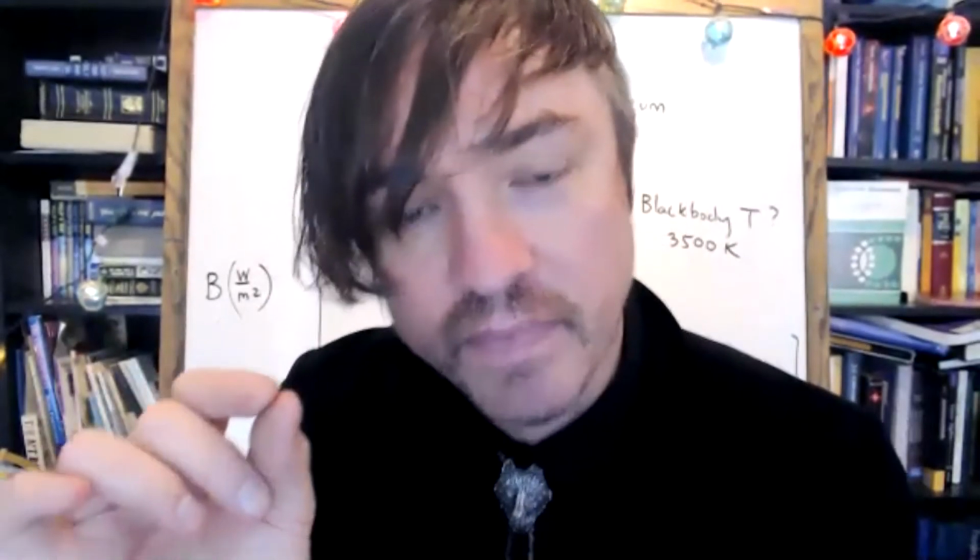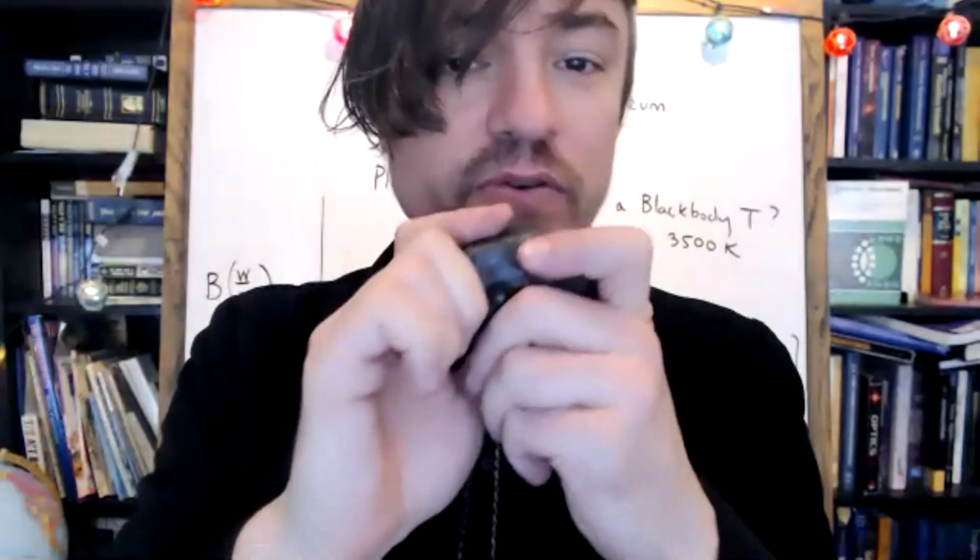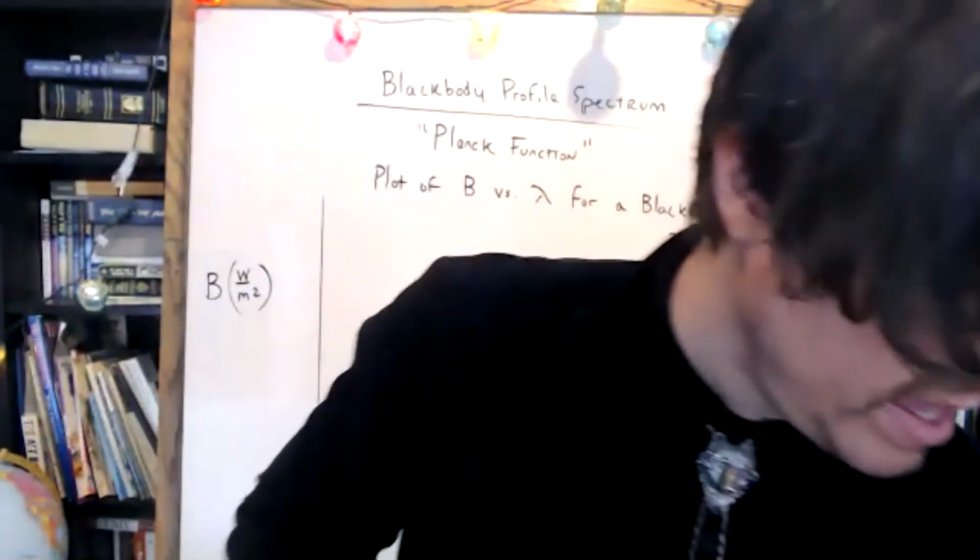They tried to invent what they called a blackbody. A blackbody would be a substance that was so dark, so black, that no photons that hit its surface could even bounce off of it. And it would only glow due to its temperature alone. And they realized they couldn't quite make something like that.